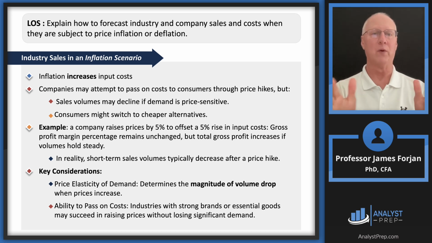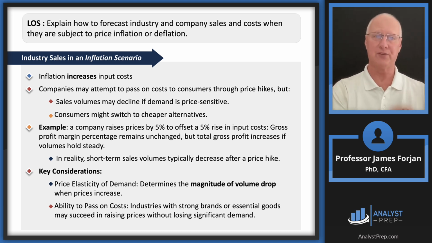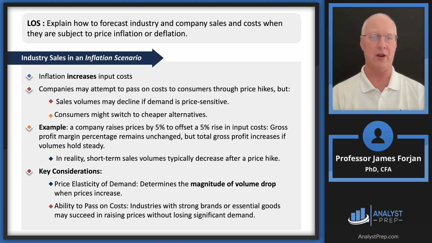All right, so this is the first part. What did I say to you? We're going to look at industry sales in an inflation scenario. All of this stuff here is pretty much some extra details of what I described earlier, right? So companies may attempt to pass those costs on to consumers, but sales volume may decline if the demand is price sensitive.